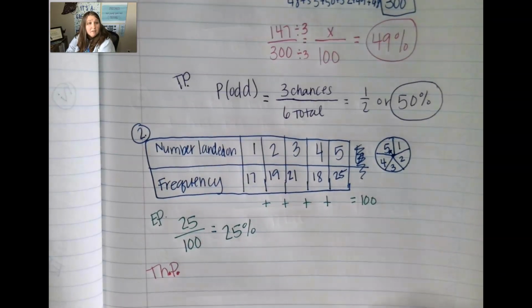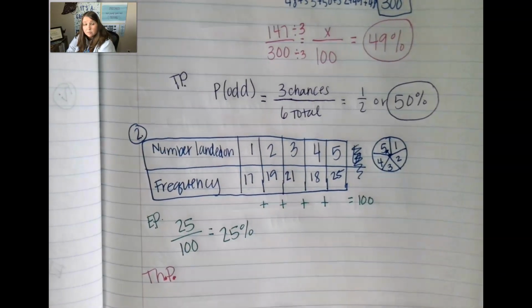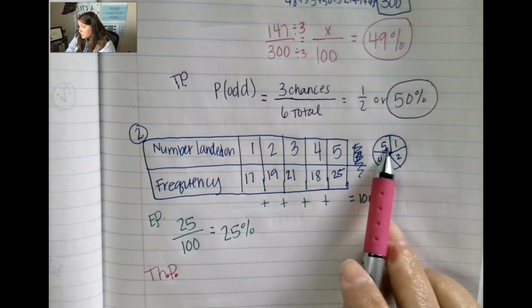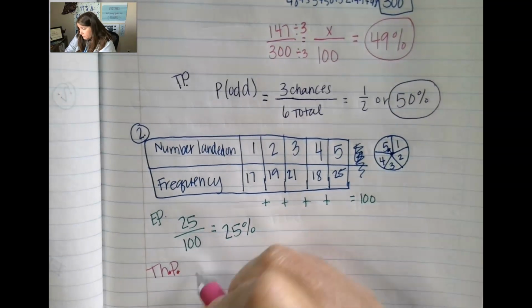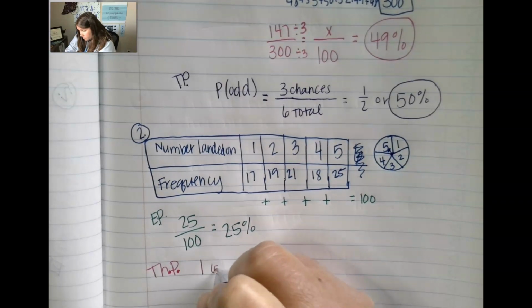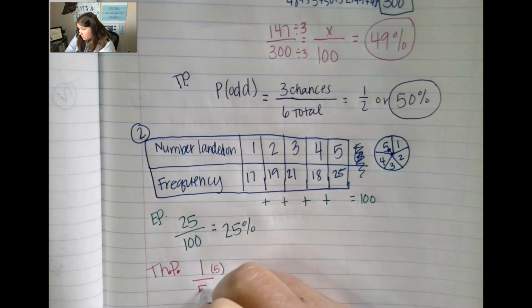Now, theoretical probability is spinning a 5 out of the total possible outcomes. So there's only one 5 out of the 5 total outcomes.